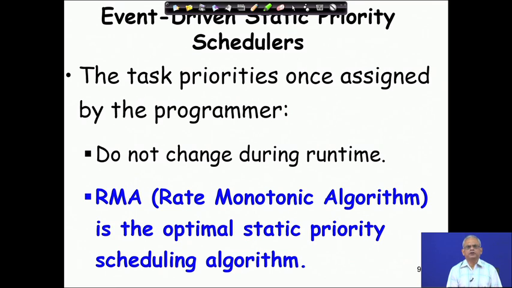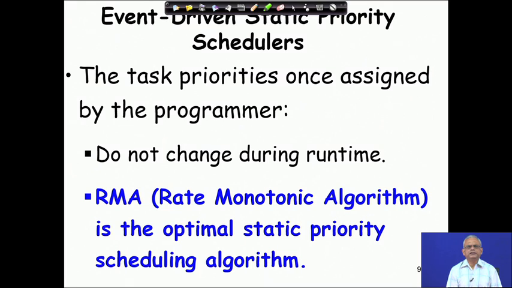The rate monotonic algorithm is an example of a static priority scheduler. A static priority scheduler is one where the designer assigns priority to tasks during the design, and once the task priorities are assigned by the programmer, these do not change during runtime.